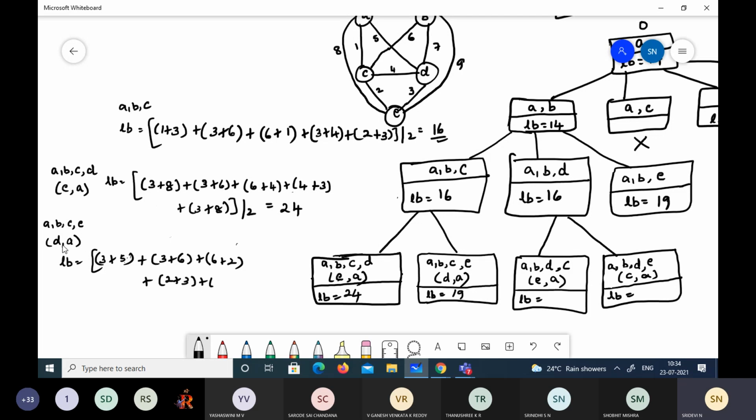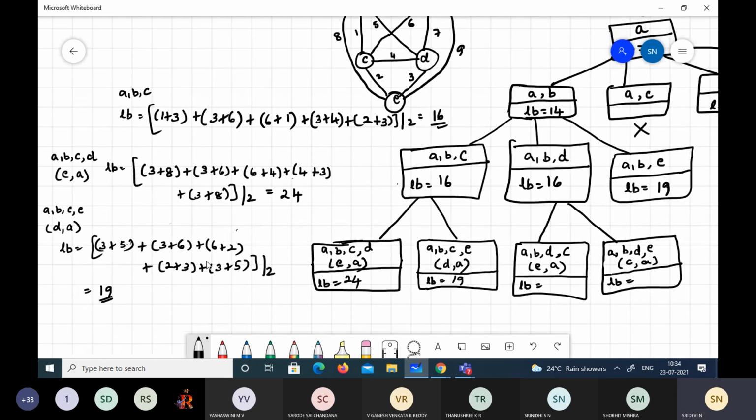And again, from D, it is 1 to E, which is 3, and one more to A, which is 5. The whole thing divided by 2: 8 plus 9, 17, plus 8, 25, plus 5, 30, 38. 38 by 2 is how much? 19. Okay, so 19 we have here.